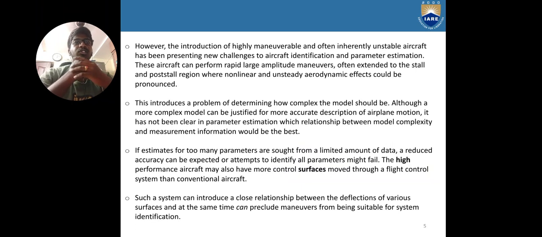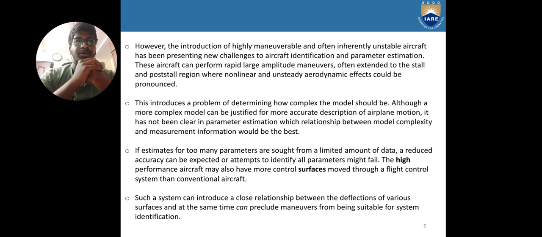However, the introduction of highly maneuverable and often inherently unstable aircraft has been presenting new challenges to aircraft identification and parameter estimation. These aircraft can perform rapid, large amplitude maneuvers, often extended to stall and post-stall regions where nonlinear and unsteady aerodynamic effects should be pronounced.